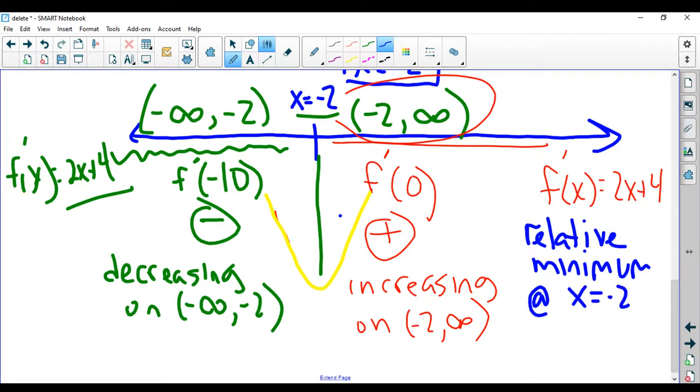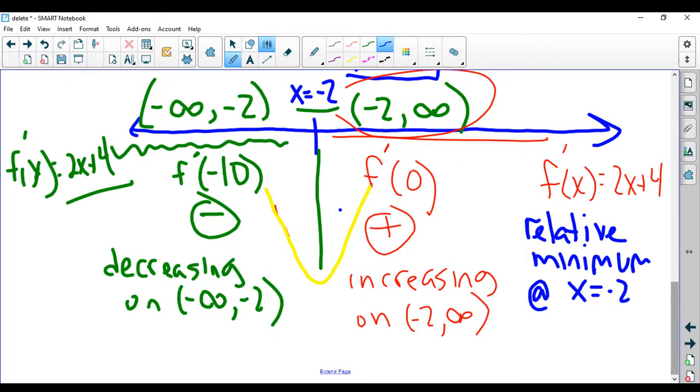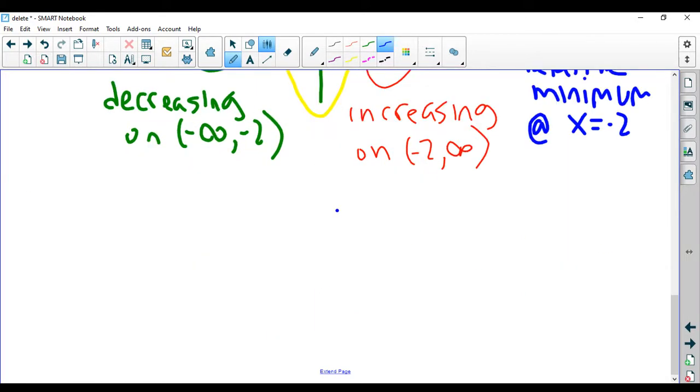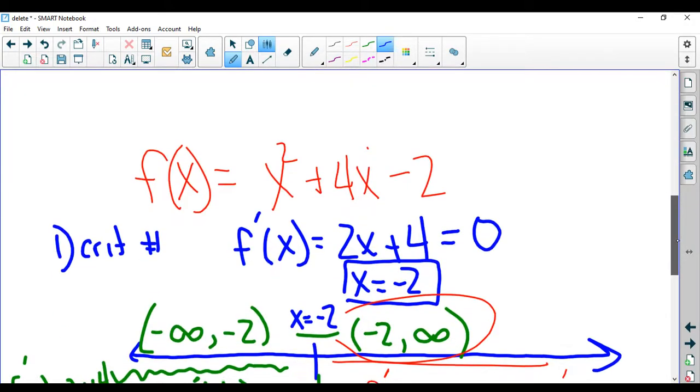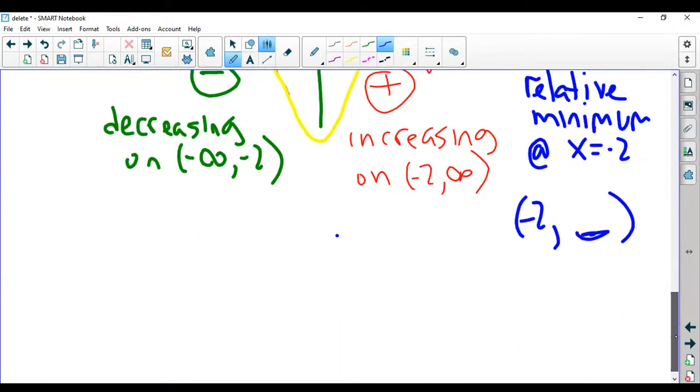Now, the last thing, a minimum is the point, the minimum point. So we have to write this as a point. To find this value, you have to plug it back into the original function. So the original function was x squared plus 4x minus 2.